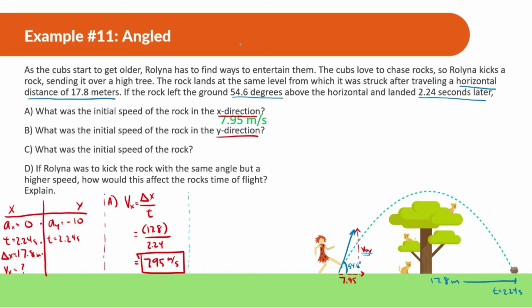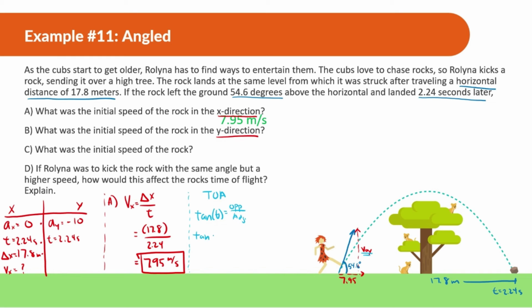So if you guys remember TOA, I'm going to use tangent of theta is equal to opposite divided by adjacent. Okay, and let's just figure out what this is.